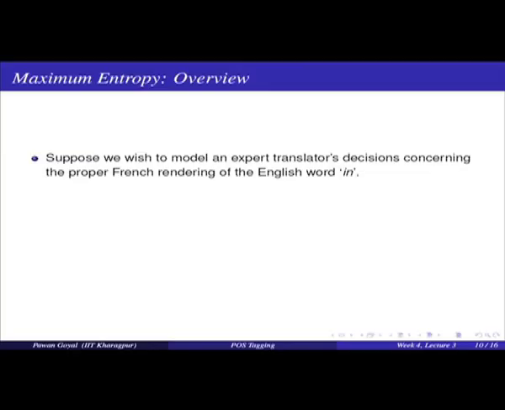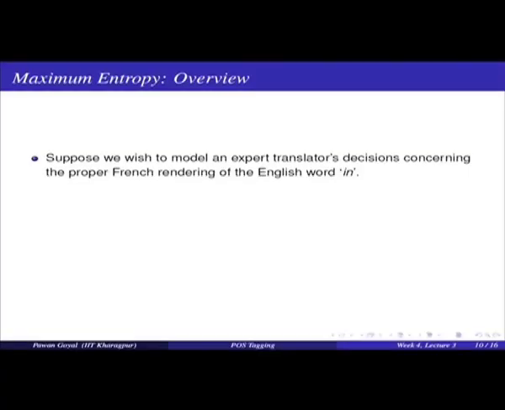I have an English word "in", and I want to make a translation system that translates from English to French. I have some data already with me from an actual translator who translated some sentences from English to French.